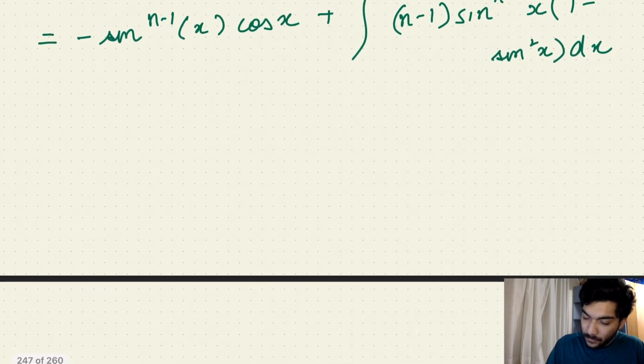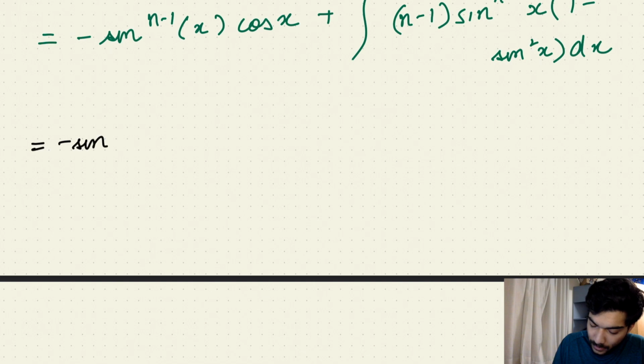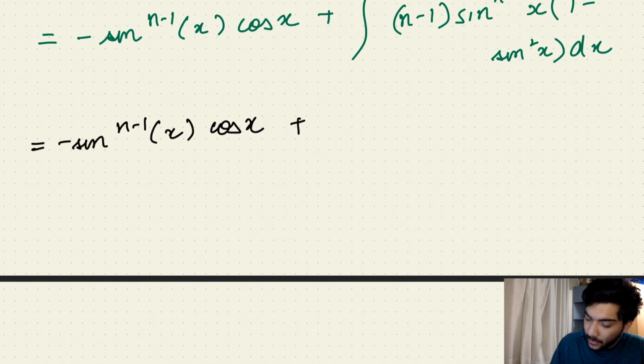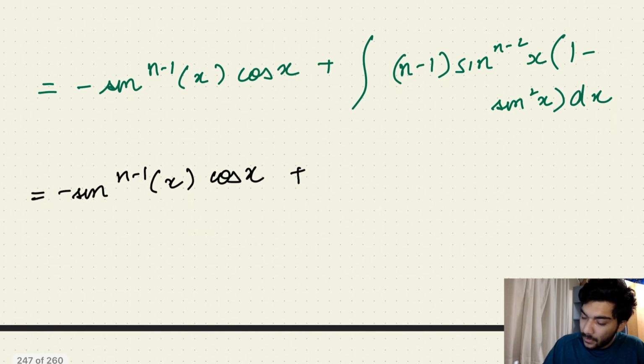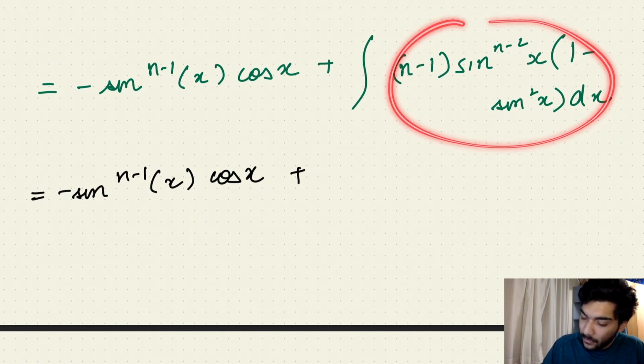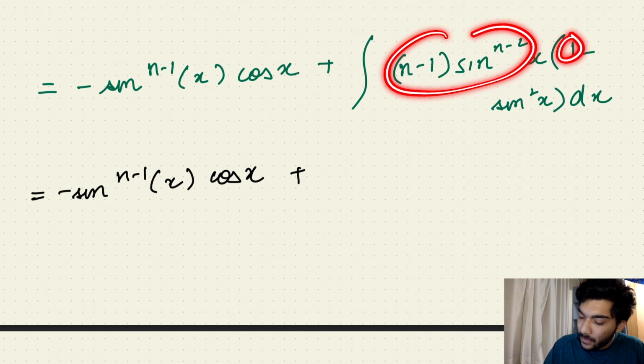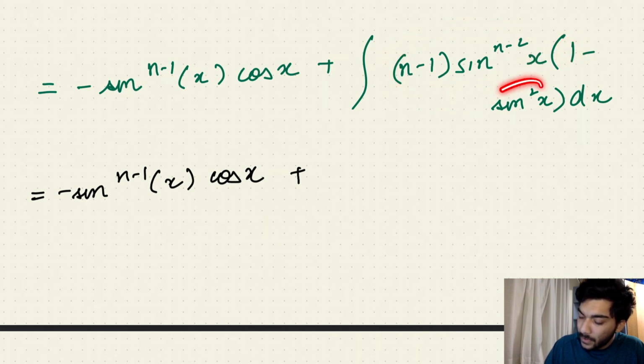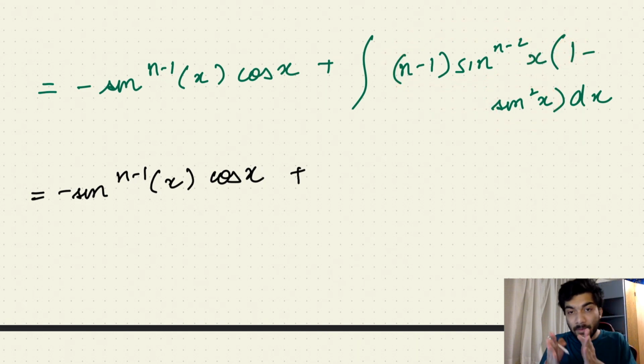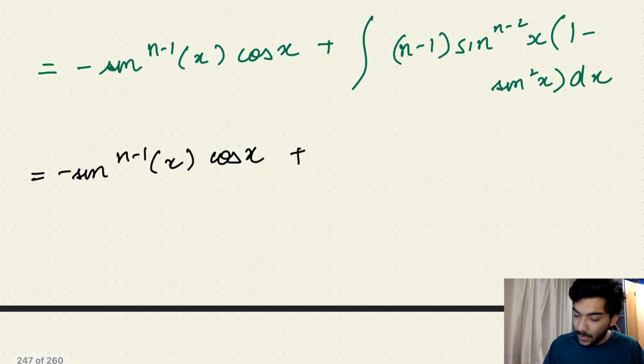So now we can expand this integral over here, right? So this would become simply minus sine n minus 1 x cos x plus, let's split this integral over here. So we'll multiply this expression with this term, and then we'll multiply this expression with this term, and we'll separate two integrals out, right, in this case.